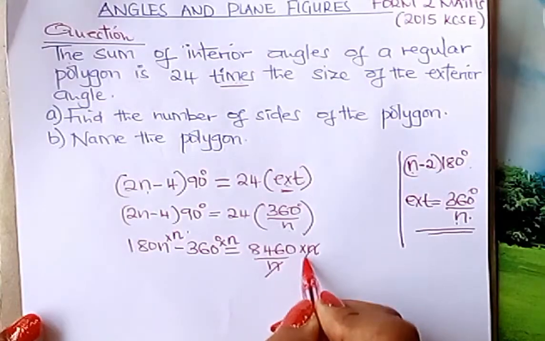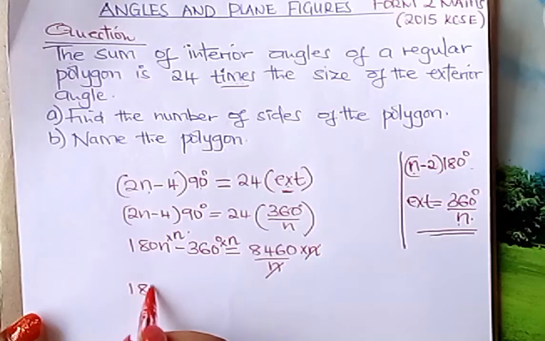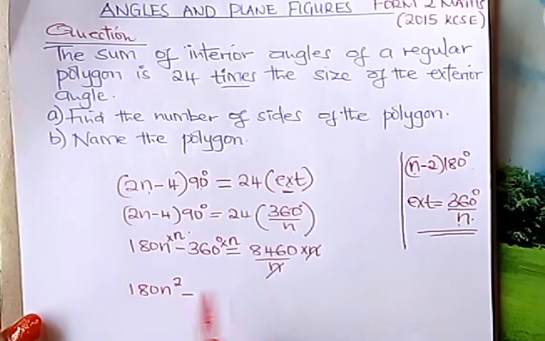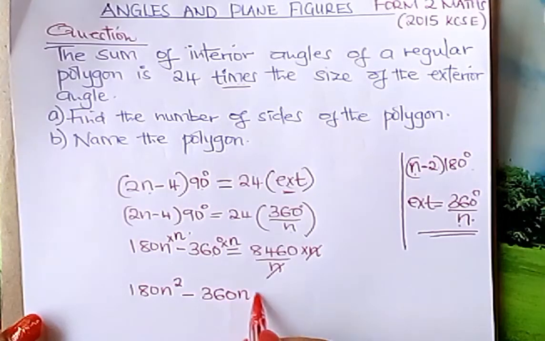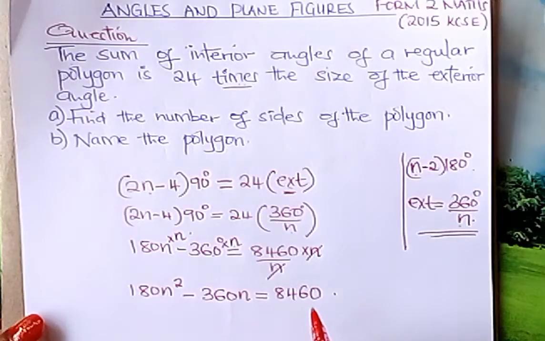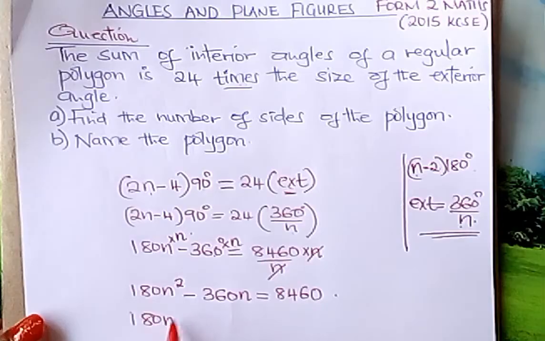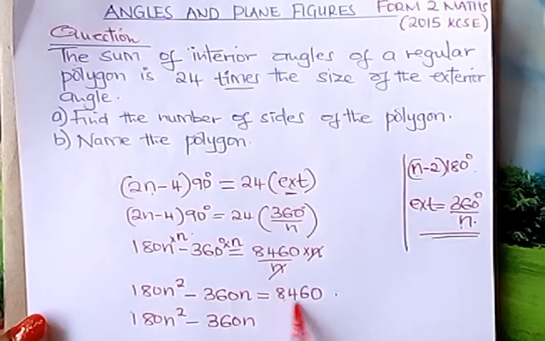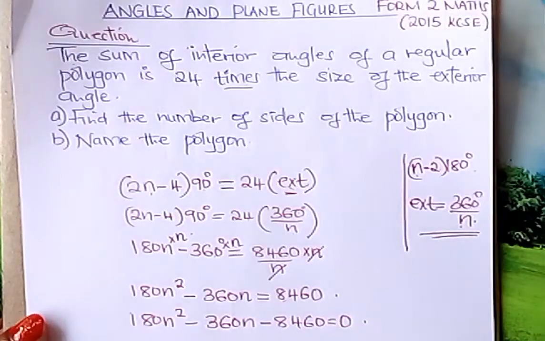So this and this will cancel out. 180n times n gives 180n squared, minus 360 times n gives 360n, equals 8,640. Bring these to this side, and you get 180n squared minus 360n minus 8,640 equals 0.